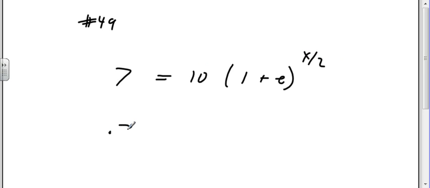Number 49. 0.7 is 1 over 1 plus e to the x over 2. So 0.7 is 1 plus e to the x over 2.